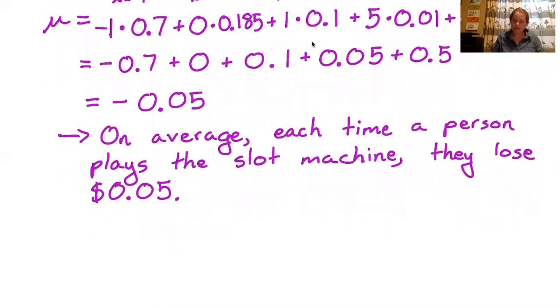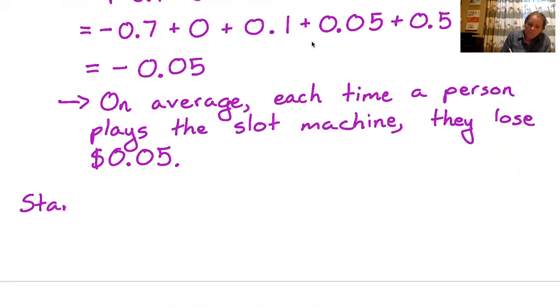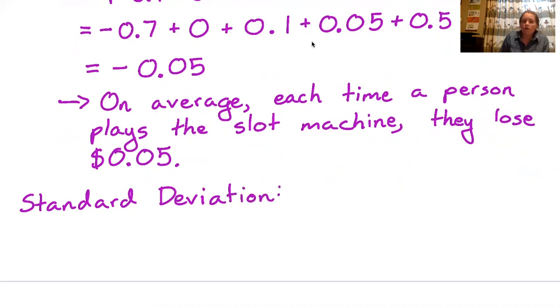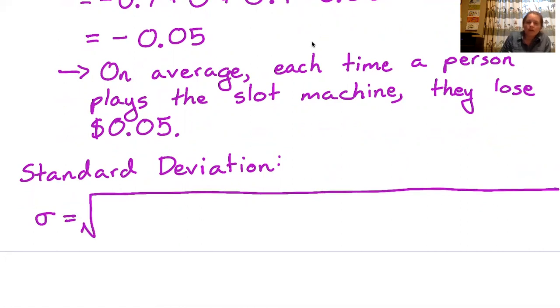Next up, if we do standard deviation, the formula for this, sigma, we will take the square root. For each data value, we will do the probability times that data value minus the mean, and then square. So we had x was -1, x was 0, x was 1, x is 5, and x is 100.